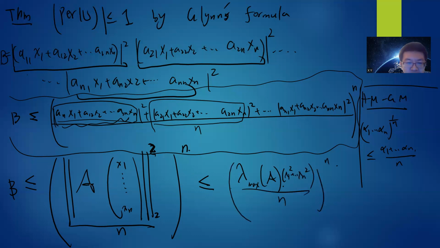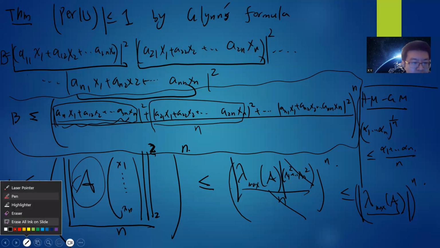Because you need to normalize it, right? And then these two cancel. So it's bounded by the maximum eigenvalue to the power n. Now we can finish the proof because A is unitary, so the maximum eigenvalue is bounded by 1 in absolute value. Okay, so I should take the absolute value.